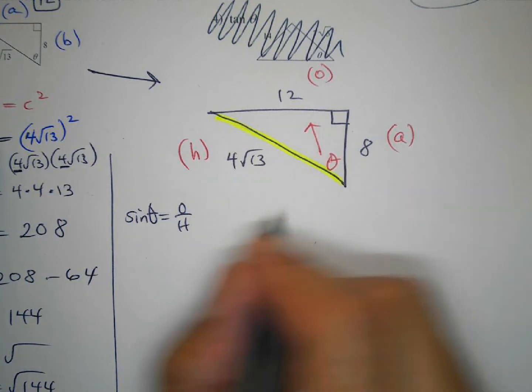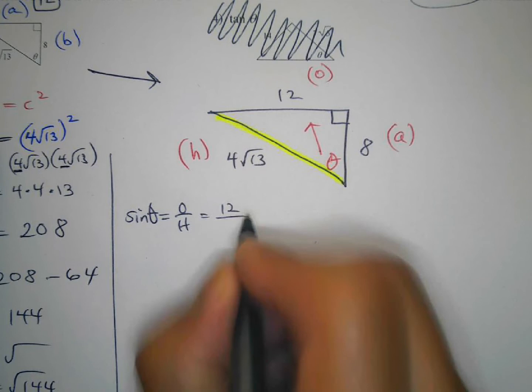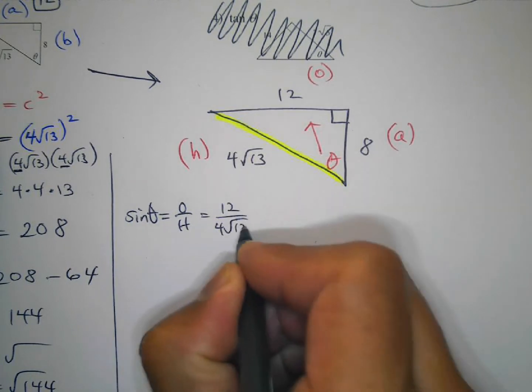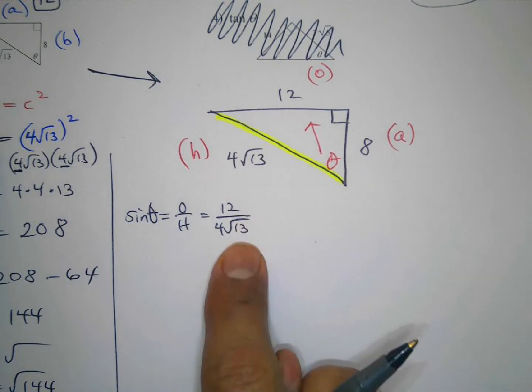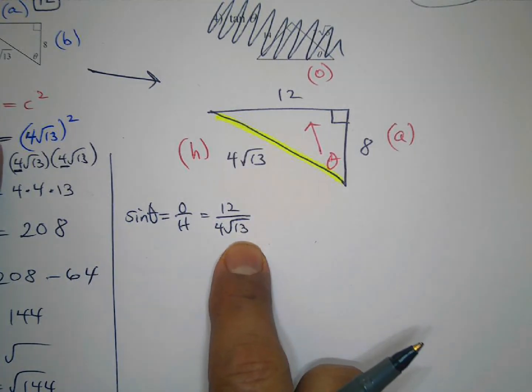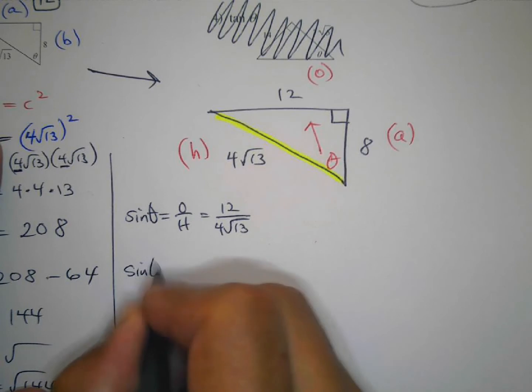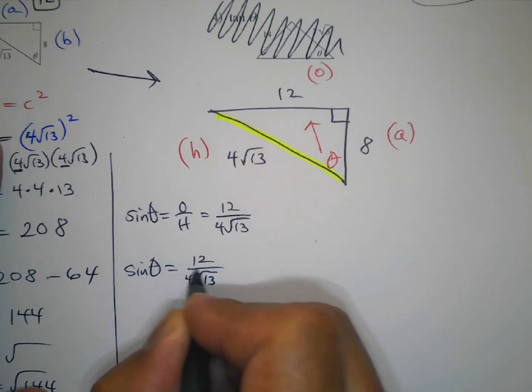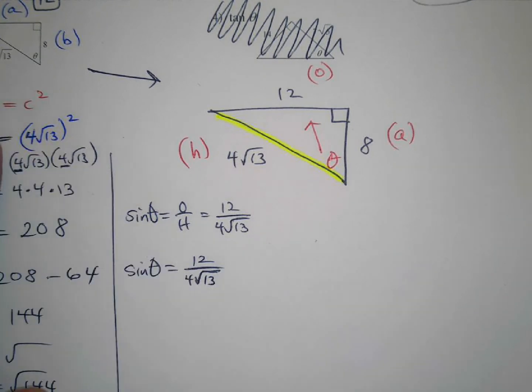which is 12 over what? Oh, the 4 root 13. We've seen this before. When you have a radical in the denominator, you got to fix it, right? Got to fix it. 12 over 4 root 13 cannot stay like this. So how do we fix it?